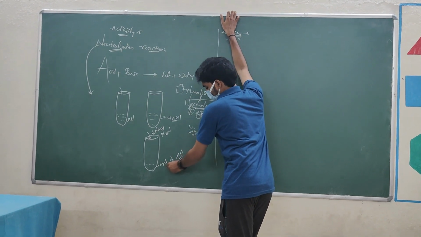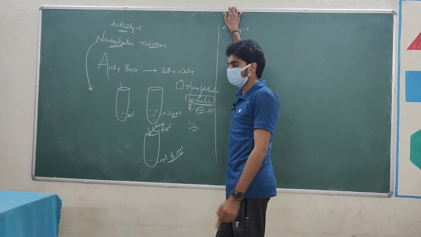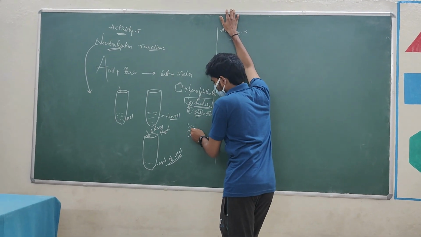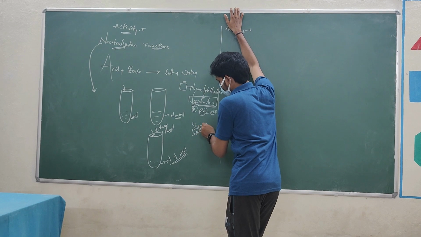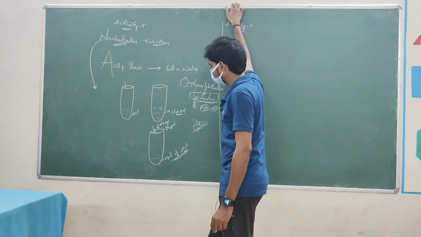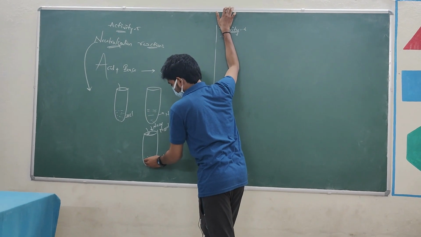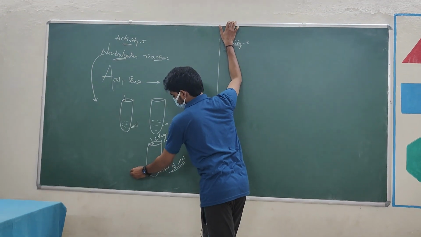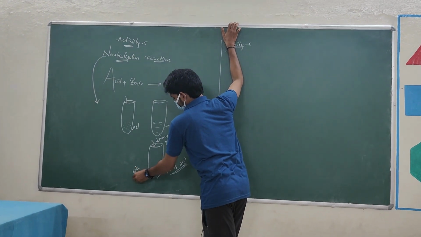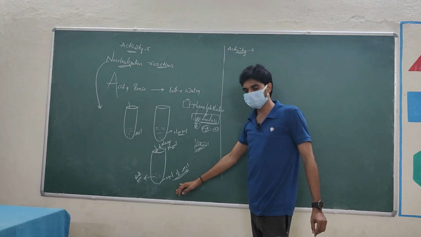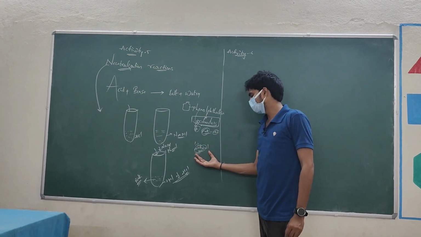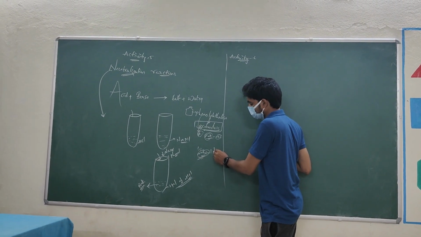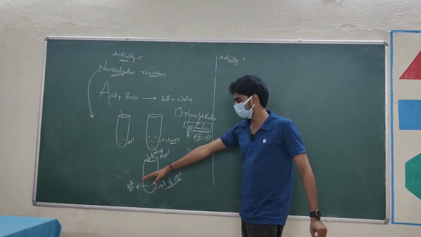Because we have taken HCl up to 2 ml, we are now adding more than 2 ml of NaOH to it. Now this solution just turns into pink color. In the beginning there is no change in color, but after we add more than 2 ml of NaOH, the overall solution turns pink.